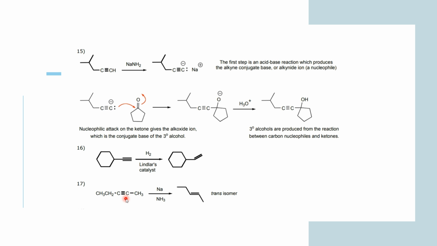Hence, after taking up protons from the system, you get the alkene as the product, but the alkyl chains will be pushed to opposite directions. I hope why we got the trans isomer, the reason is clear.